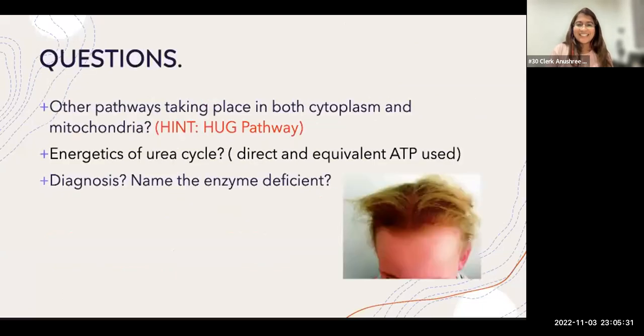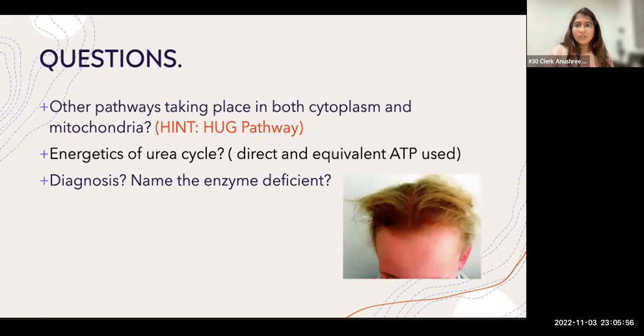So this is our last slide. I want to just sum it all up. During the presentation, I told you to note down about this. But first, I told you to find out other cycles that take place in both the cytoplasm and mitochondria. Can someone answer? I already gave a hint over there.